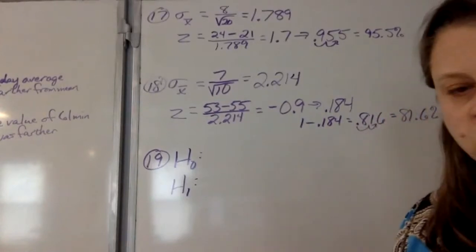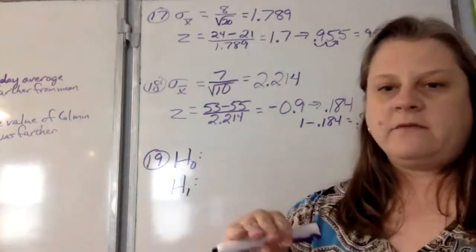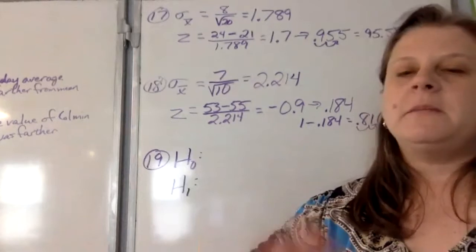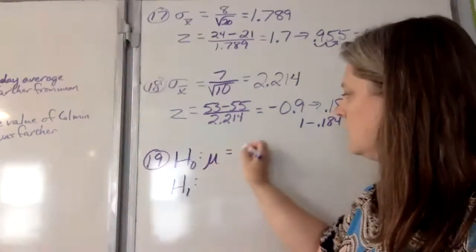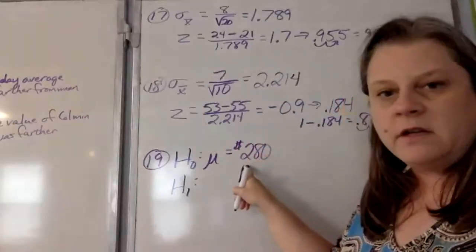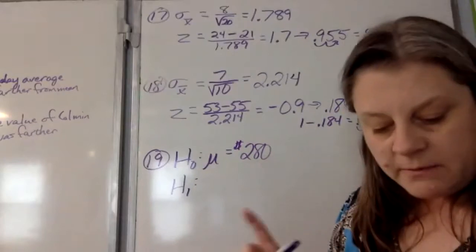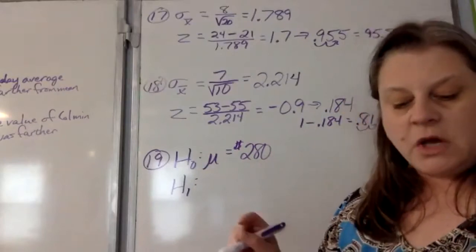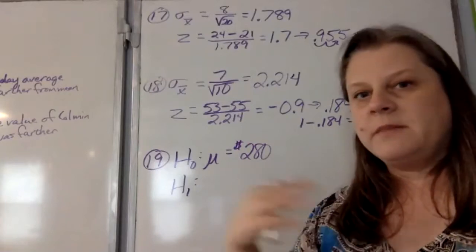We did those yesterday. What I want to know is, what is the main average? So not her average, but the main average she's looking at. The other fruit stands all average $280, right? Now, she wants to know if her average is lower, what mathematical symbol can I use to show something lower?